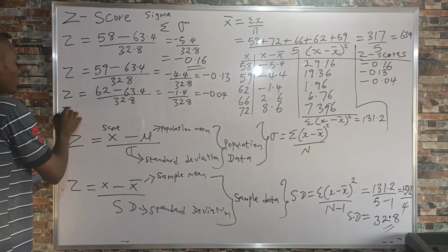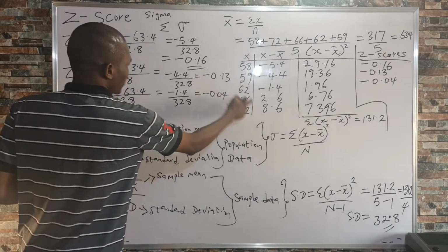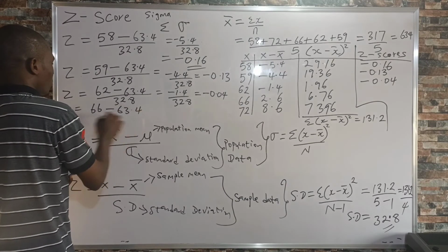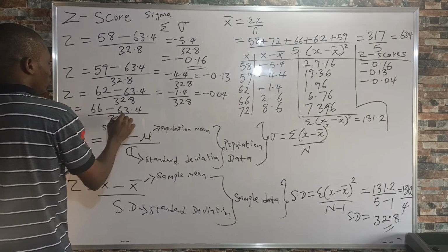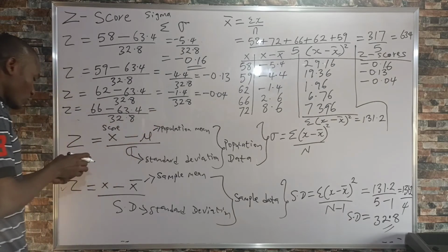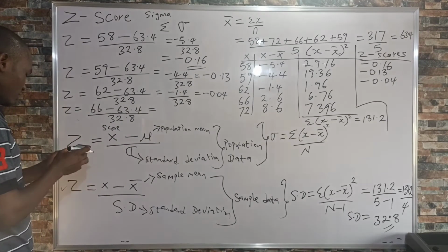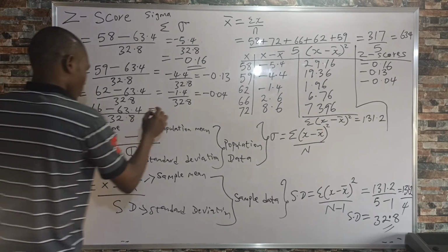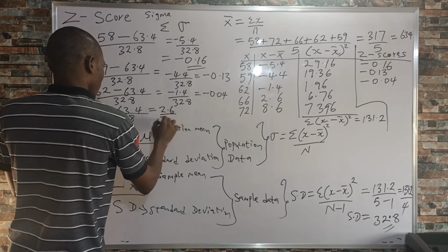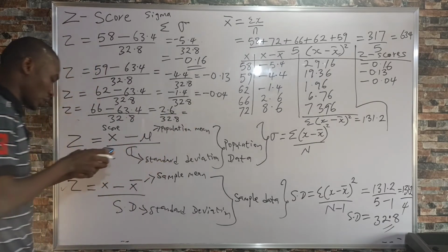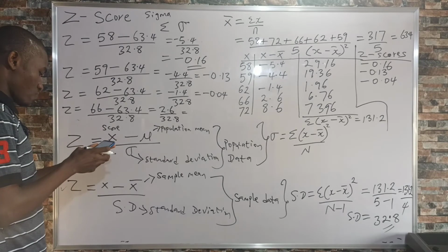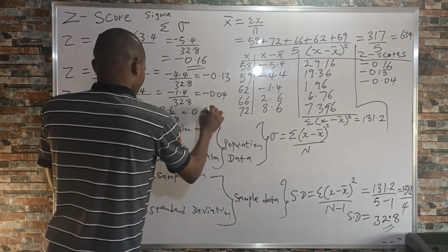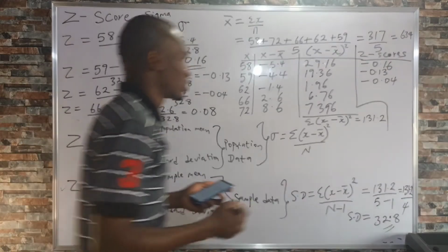Then the next one, which is the fourth score, is 66. So I have 66 minus our mean of 63.4, all over our standard deviation of 32.8, and that will give us 66 minus 63.4, it will give us 2.6, and that is all over 32.8, and dividing further, we're going to have 0.08, approximately to 2 decimal places.